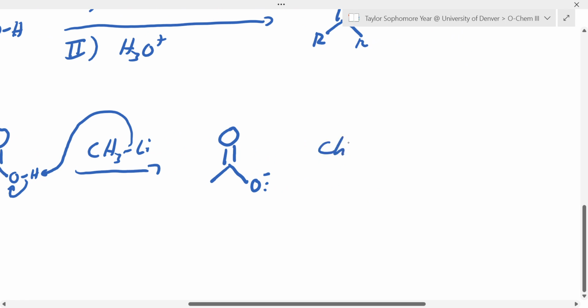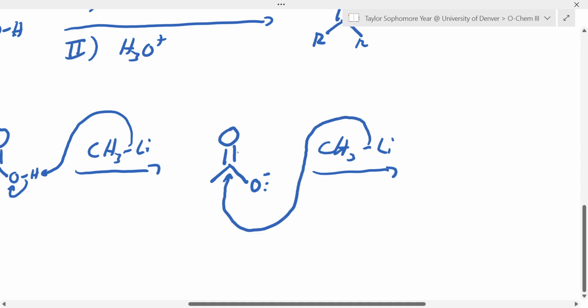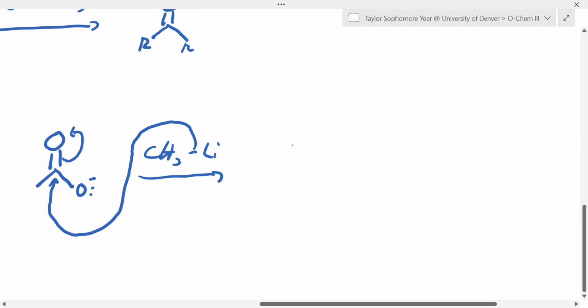So we'll take another one of these and do the exact same thing. However, this bond will not target the hydrogen, but it will actually target the carbon atom, bumping this double bond into a single bond and putting a pair of electrons onto this oxygen. By doing that, we now have this structure. So both of these are minus. We have lithium plus, lithium plus.